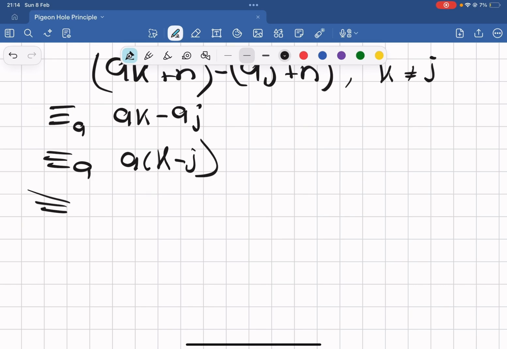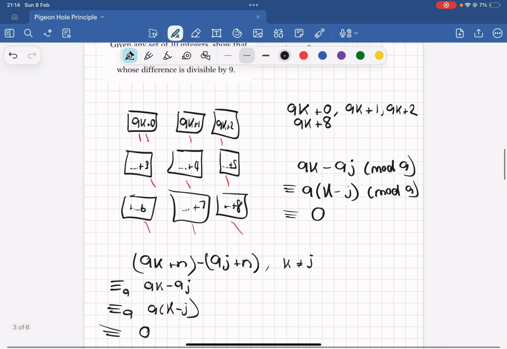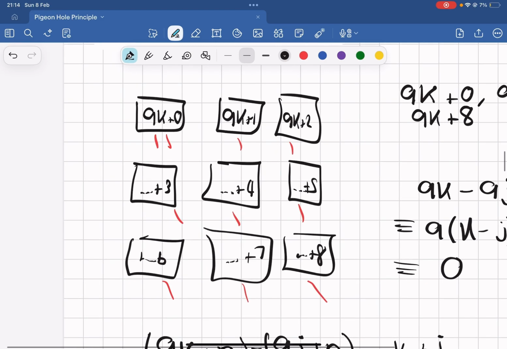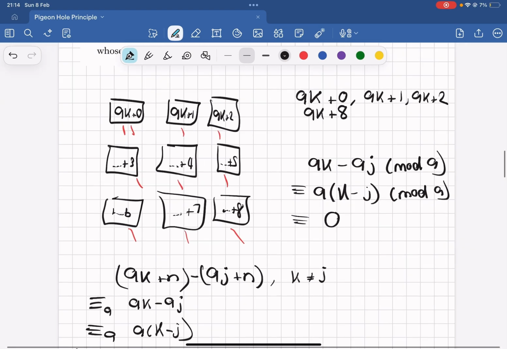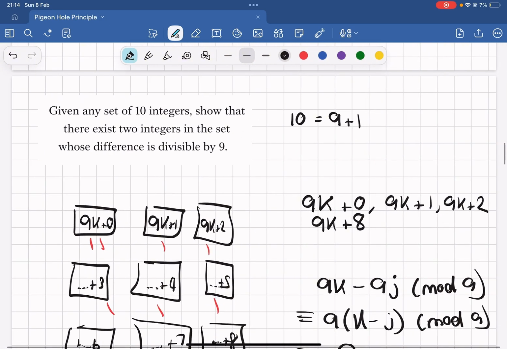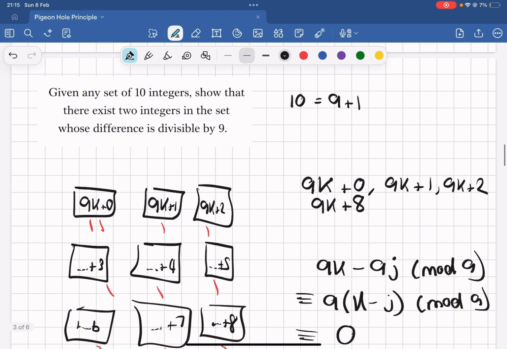So that means it is congruent to 0 mod 9. And by doing this, we've shown that for every residue class, our question's condition is satisfied. Any two integers in any class, the difference is a multiple of 9. Nice. And that is our question done.